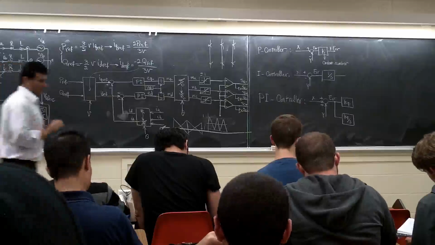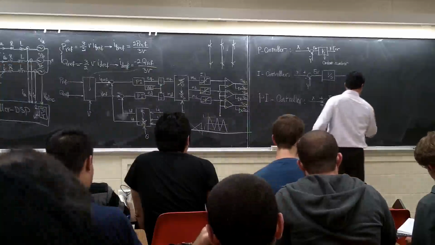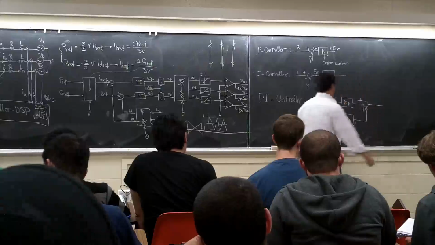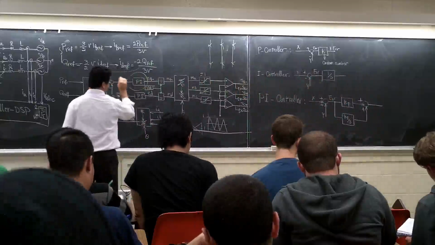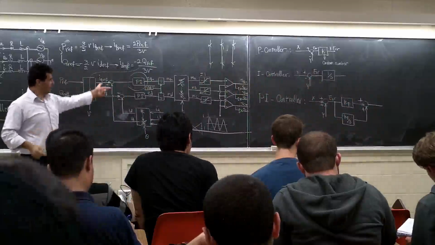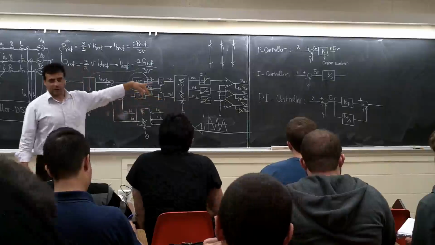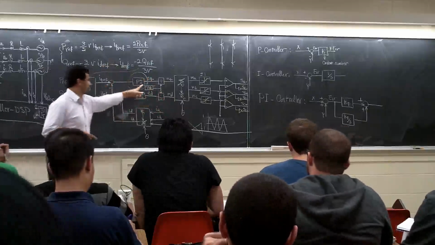So the result is my answer. So basically, this block you are seeing here, what does it do? This one is coming here. It times it by Kp. It times it by Ki over S. Add them together, give you one signal.